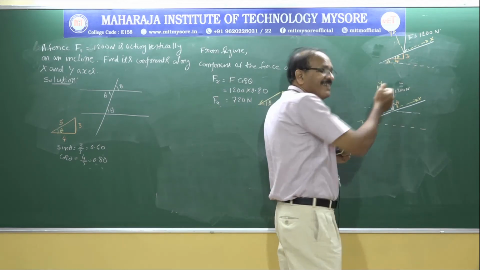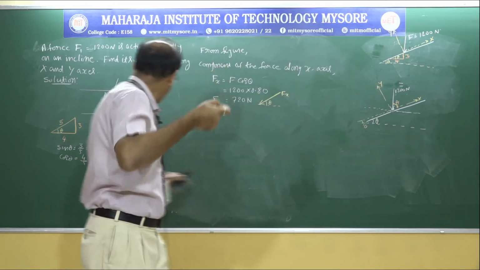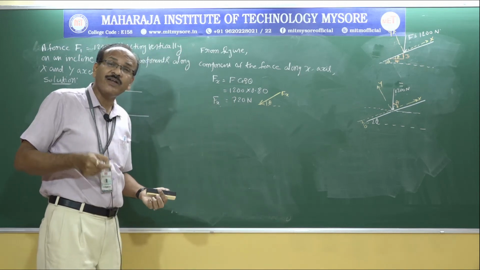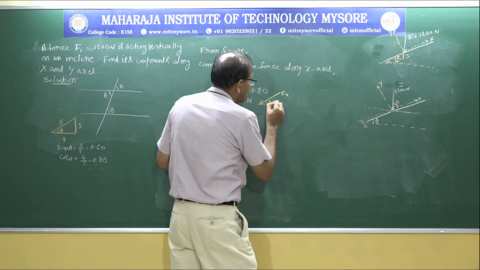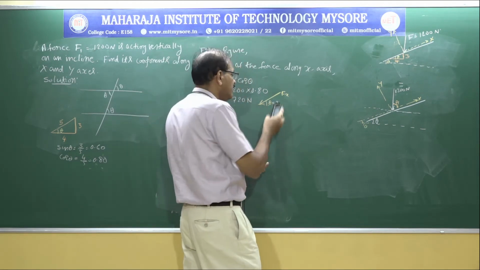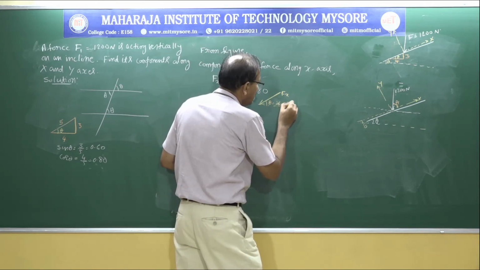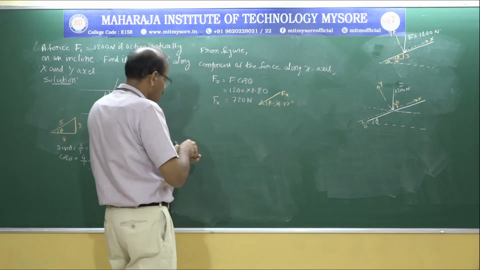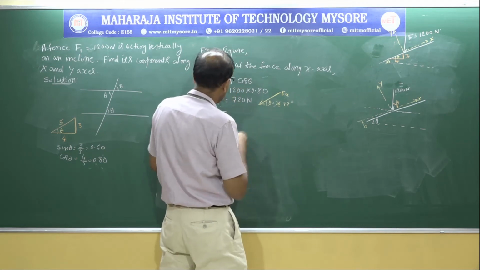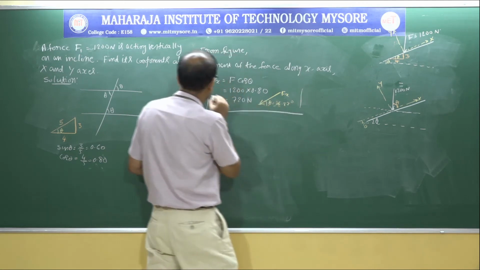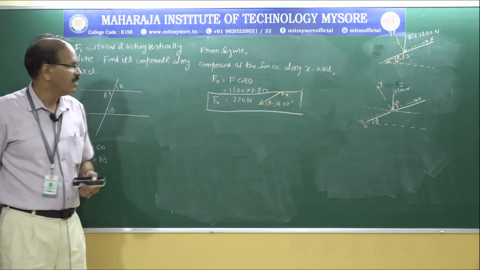So what is the angle? That is theta. The value of angle theta is 36.87 degrees. So I am going to write this as 36.87 degrees. This should be your final answer as far as Fx is concerned.